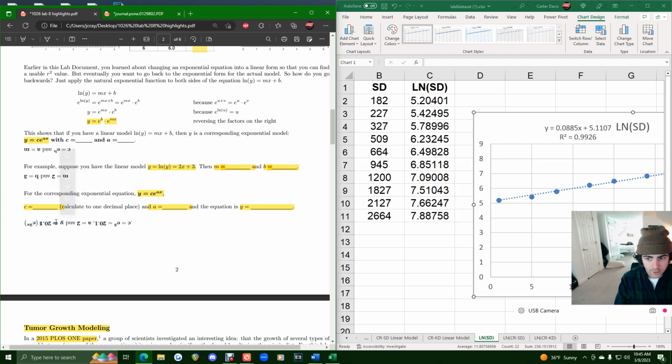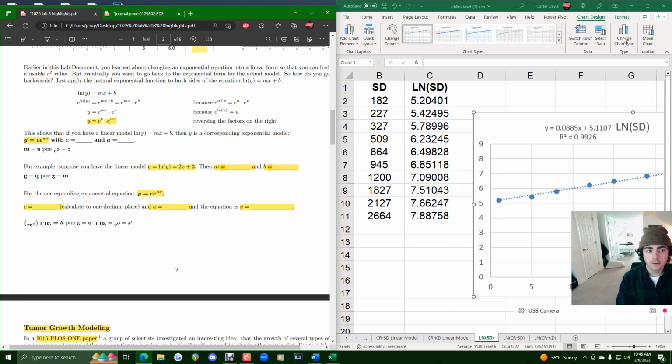And this equation comes from e to the 3, or e to the b value. In this case, it'd be e to the 5.11 as the coefficient out front, and then the slope value, the 2 that we can see over here in the exponent, comes from just the slope value here.